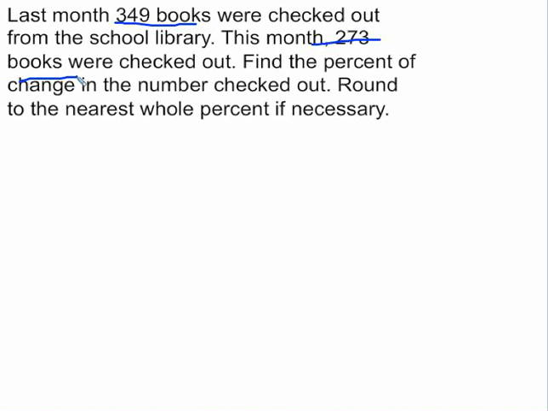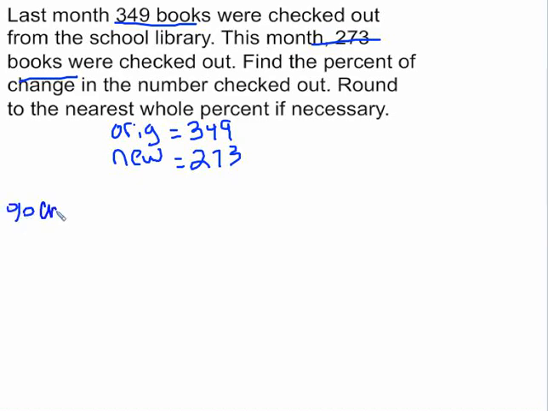I know that my original value is 349. And I know that my new value, which is this month, is 273. I know that a percent change is calculated as new value minus original value all over my original value multiplied by 100.